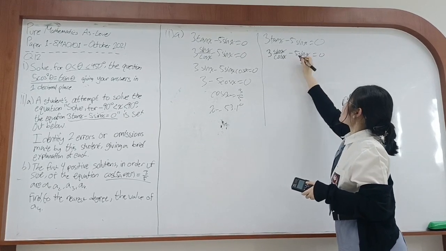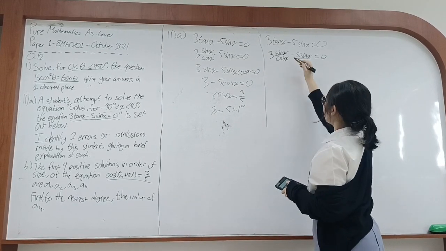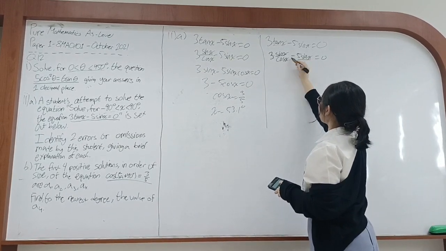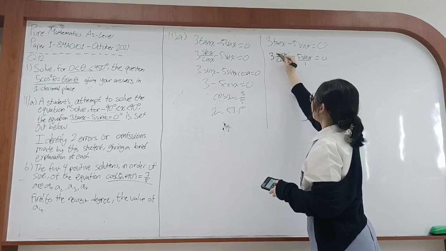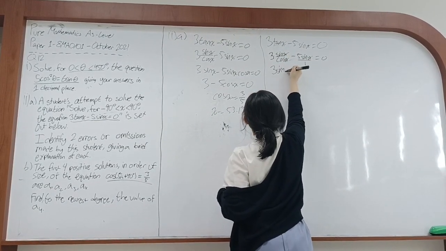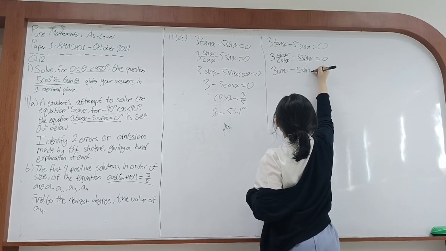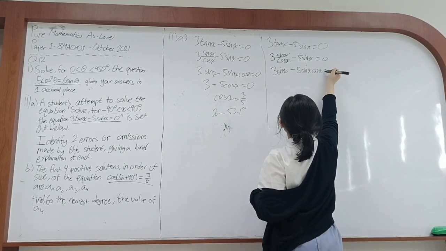Now for this 5 sin x, we can put a 1 under it, and then cross multiply. So cos x with 5 sin x, and 3 sin x with 1. So it will become 3 sin x minus 5 sin x cos x equals 0.